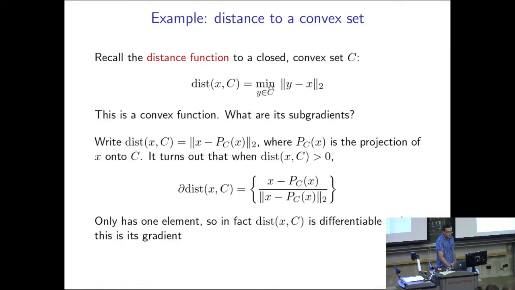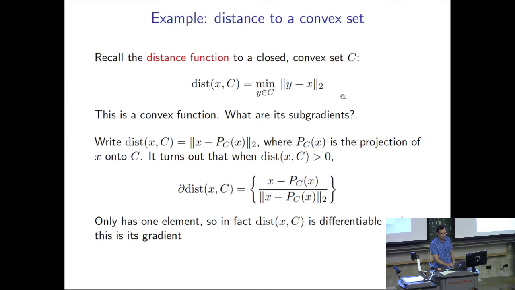So if we have a closed convex set C, and we look at the minimum over all y in the set of the norm of y minus x, then that defines a distance function. If that's a point x, and this is a set C, then this is measuring the distance between x and C. So this example computes subgradients of this convex function.